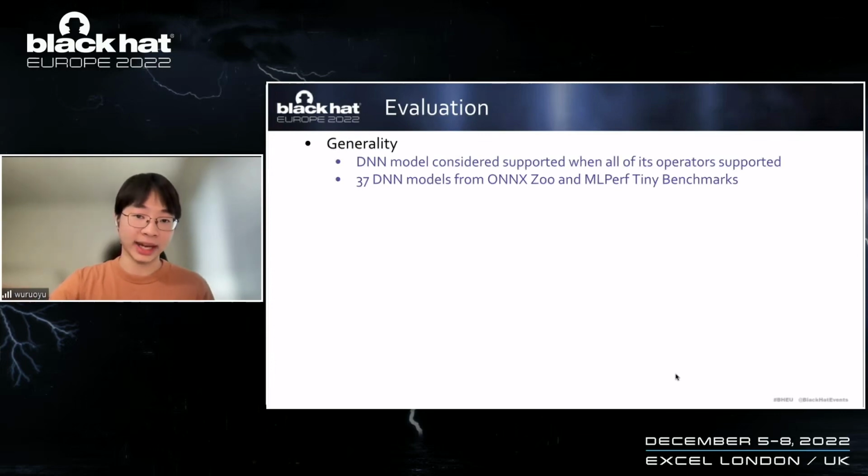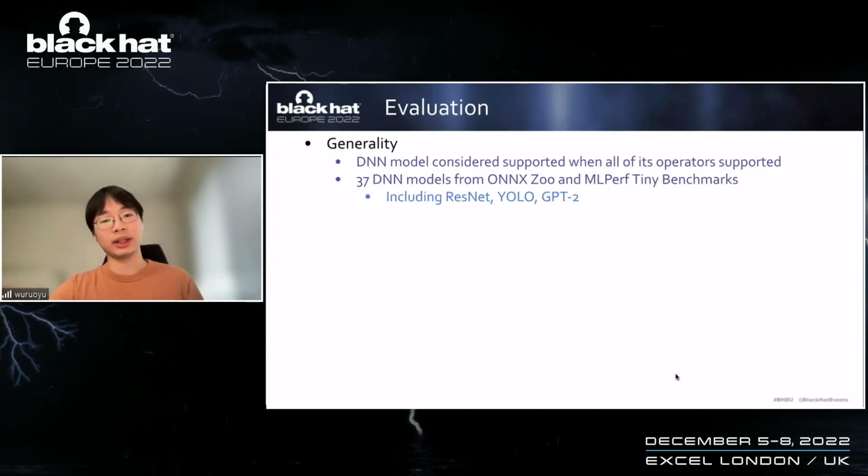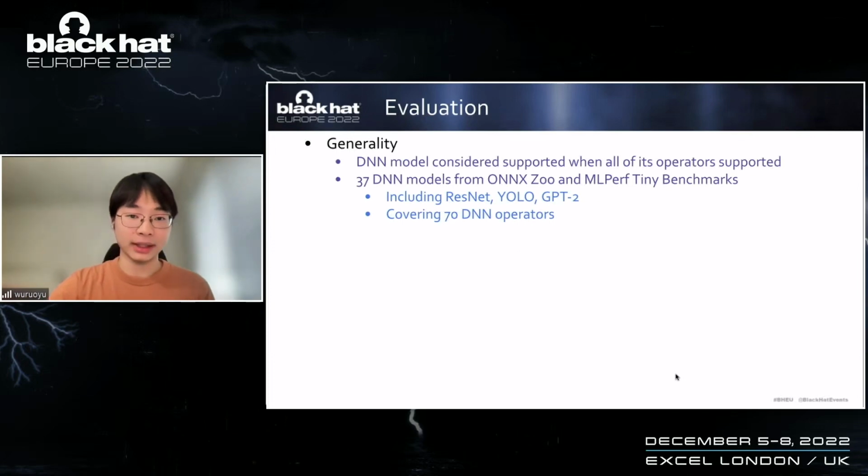First is ONNX, and the second is the MLPerf Tiny benchmark. It includes many widely used and famous models such as ResNet, YOLO, and GPT-2, and they cover many different types of DNN operators.